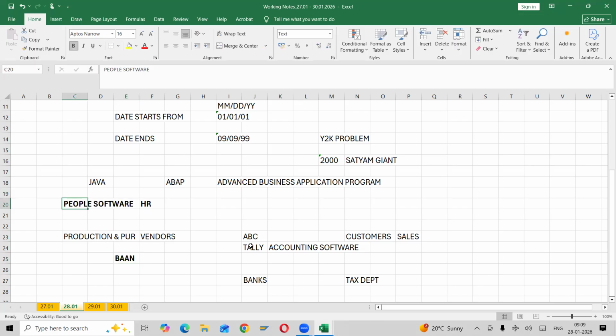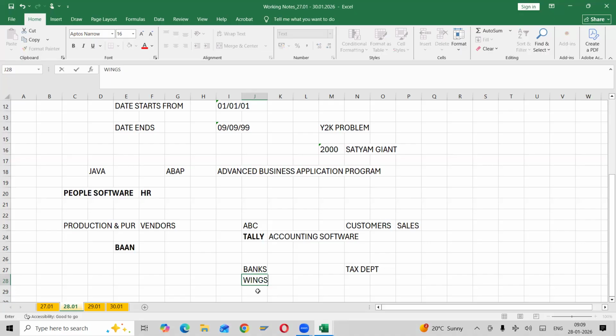Banks are using, for example, Wings, which is also a banking software. The tax department is using GST software, and customers are using something like Salesforce.